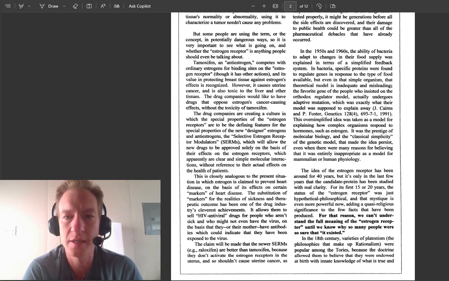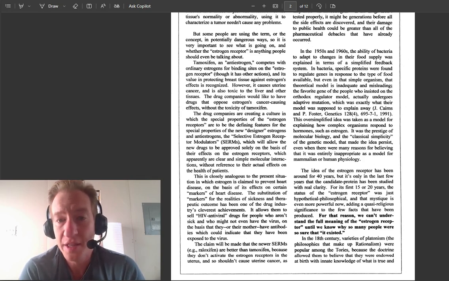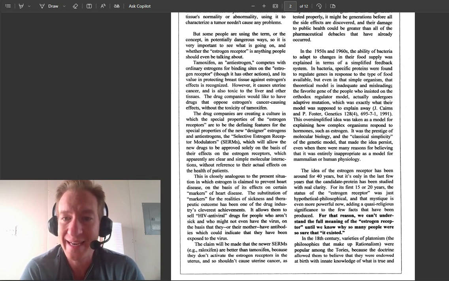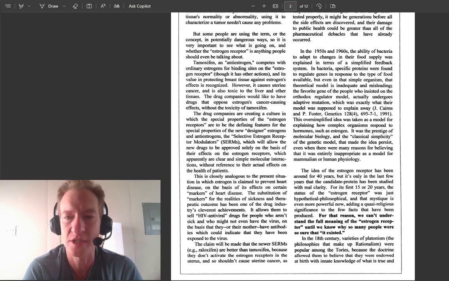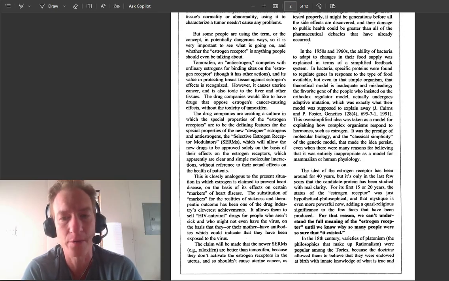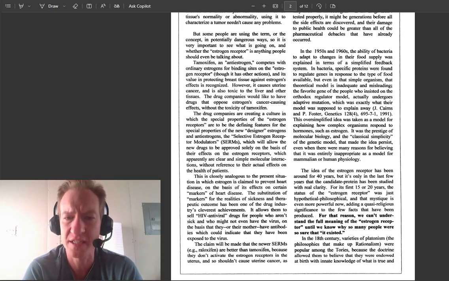And there is the study there. This oversimplified idea was taken as a model for explaining how complex organisms respond to hormones such as estrogen. It was the prestige of molecular biology and the "classical simplicity" of the genetic model that made the idea persist, even when there were many reasons for believing that it was entirely inappropriate as a model for mammalian or human physiology.